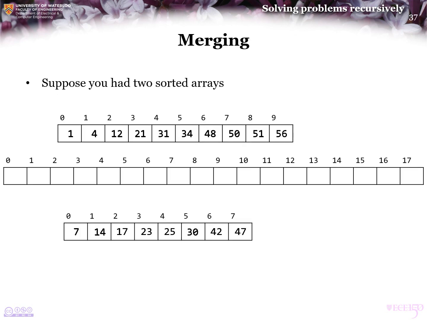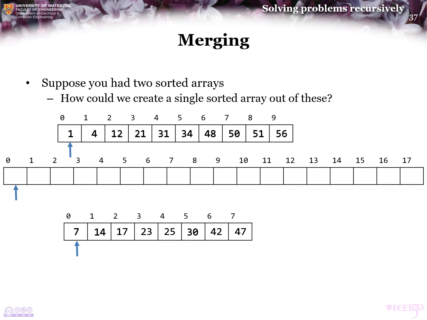Now, suppose we had 2 sorted arrays. Here, one is of capacity 10, the second is of capacity 8, and we'd like to merge these 2 into a single sorted array. What steps could we take? Well, let's have 3 indices.